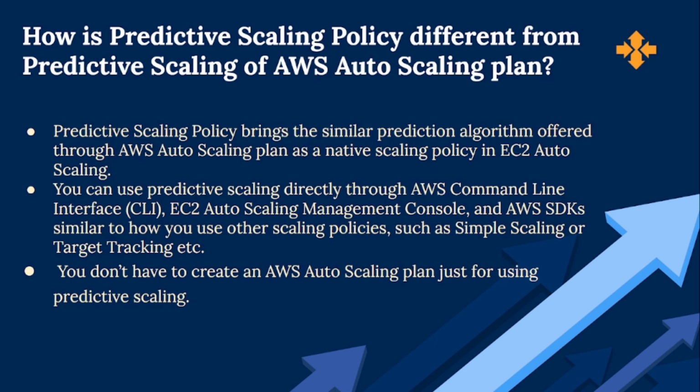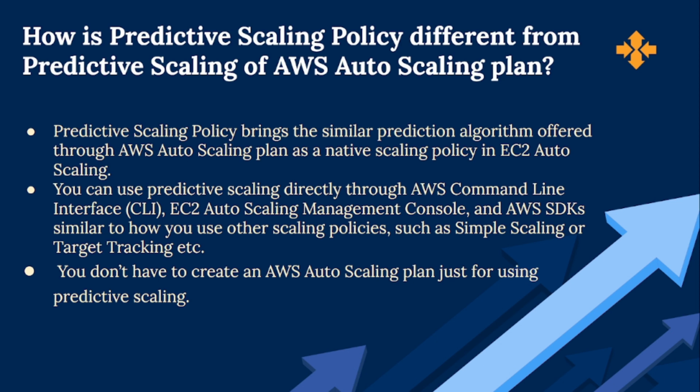How is predictive scaling policy different from predictive scaling of AWS Auto Scaling Plan? Predictive scaling policy brings the similar prediction algorithm offered through AWS Auto Scaling Plan as a native scaling policy in EC2 Auto Scaling.